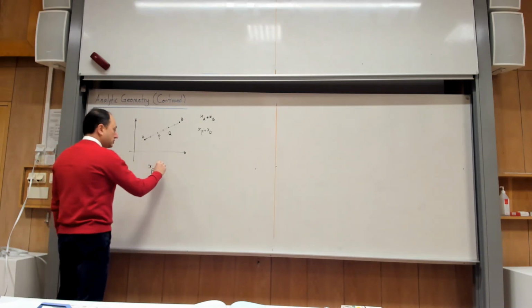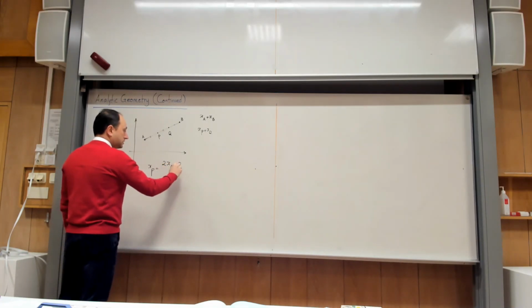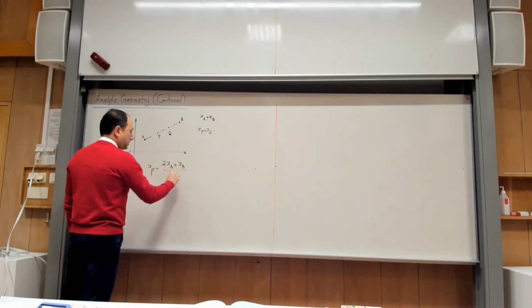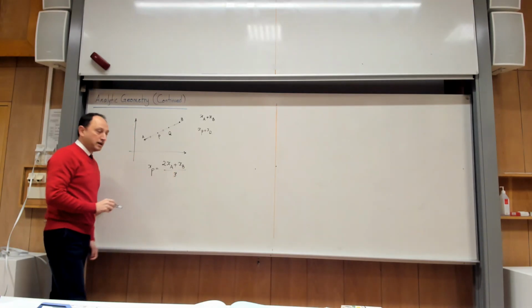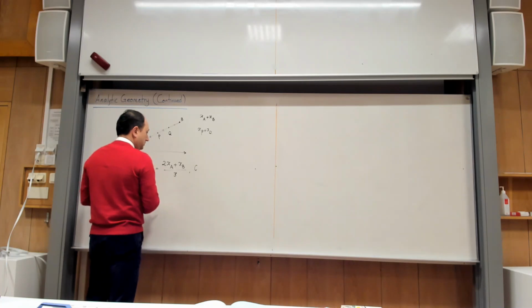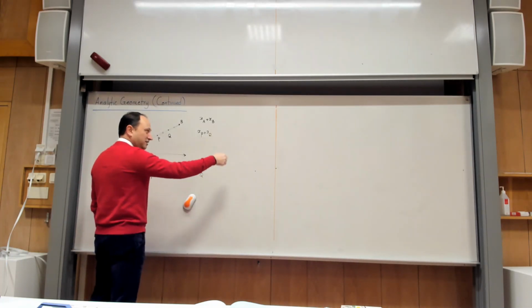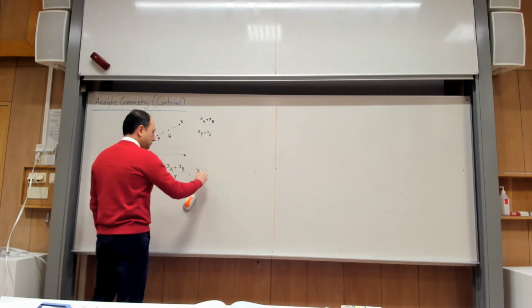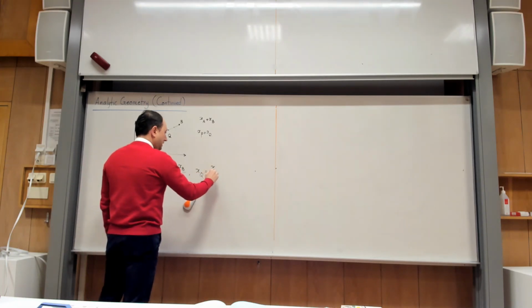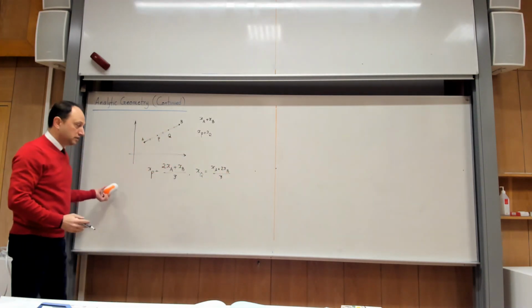It was 2 times XA plus XB divided by 3, yes? And then of course, we didn't calculate this, but we said that you can calculate it in a similar way, and the calculation was a little bit lengthy, if you remember. So that was XA plus 2XB divided by 3. But it comes after a long calculation, yes?